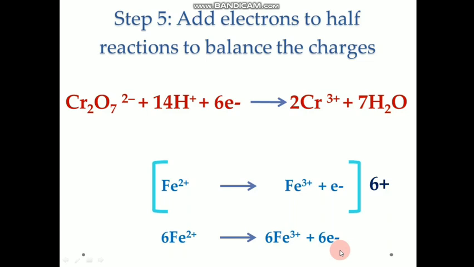So the number of electrons in the oxidation part will be equal to the number of electrons in the reduction part. So that also we balanced. For that, we multiplied the whole equation with a number so that all of them are multiplied with the same number, and finally the electrons also. So the number of electrons are balanced.